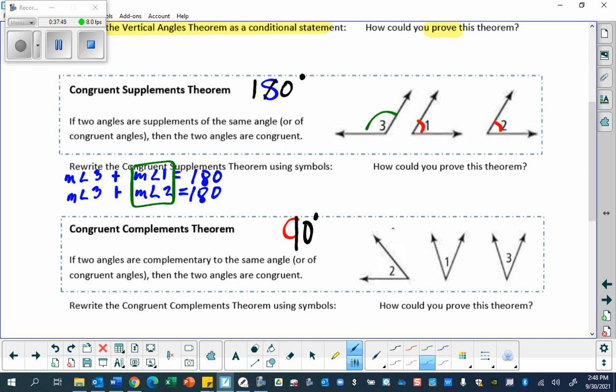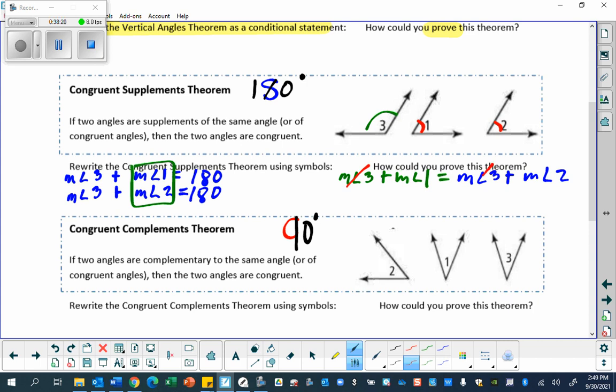If I wanted to think about proving it, think about this. The measure of angle 3 plus the measure of angle 1 is going to be equal to the measure of angle 3 plus the measure of angle 2. I set them equal to each other because they're both equal to 180. You okay with that? Now, believe it or not, we can subtract measures that we don't even know.